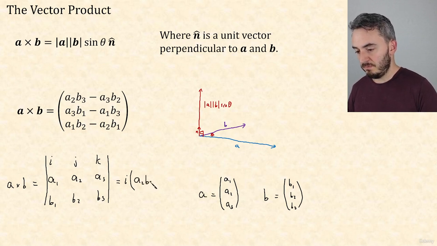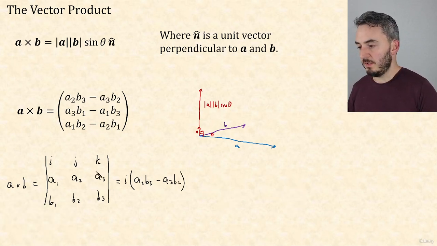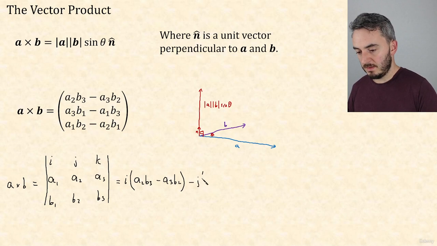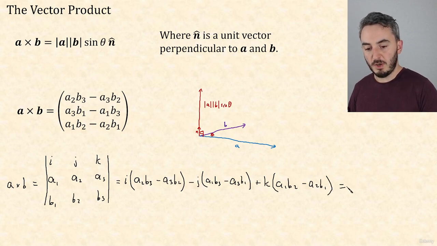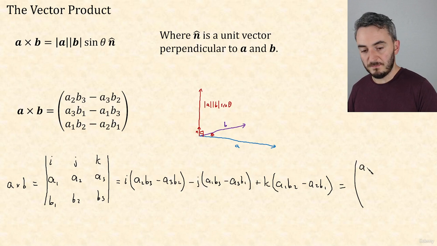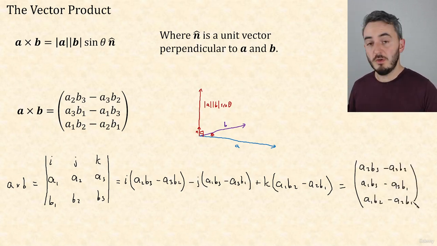If we keep going, we then have minus j times the determinant of this little submatrix, A1B3 minus A3B1, then plus k times the determinant of this little submatrix, A1B2 minus A2B1. And if we write this out in column form, lo and behold, we get exactly what we have up there. Okay, so that is how we compute what the vector is.